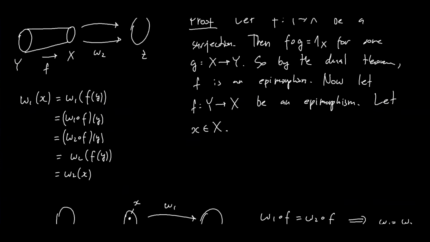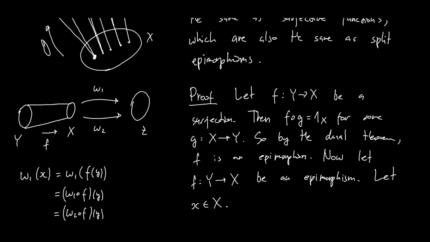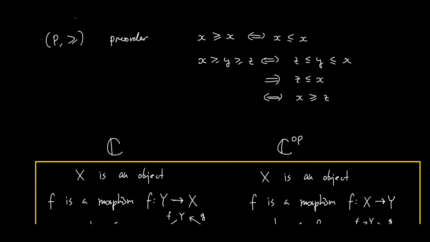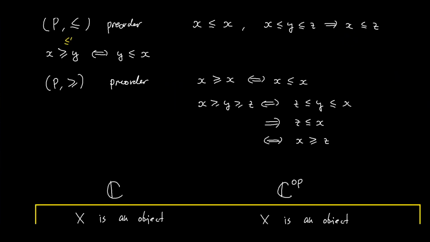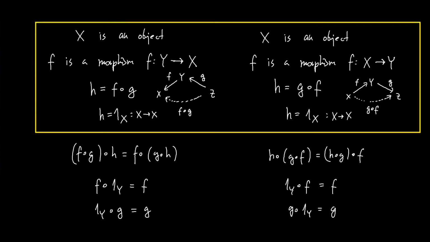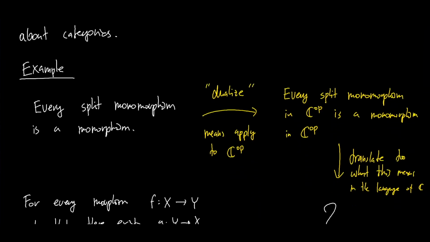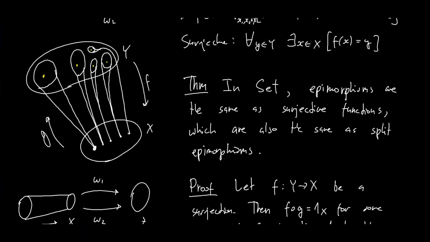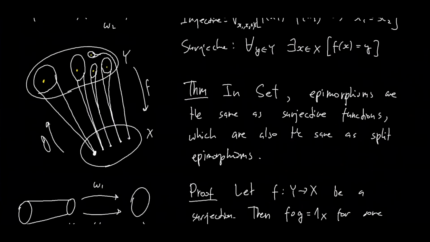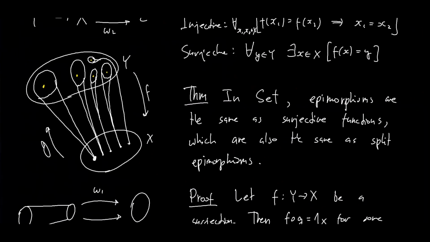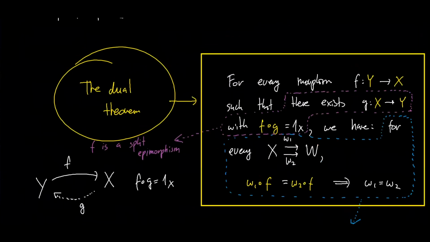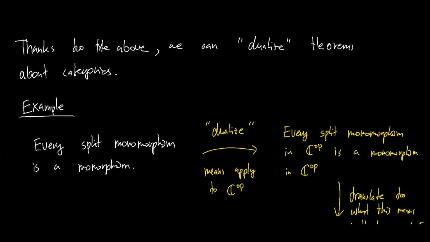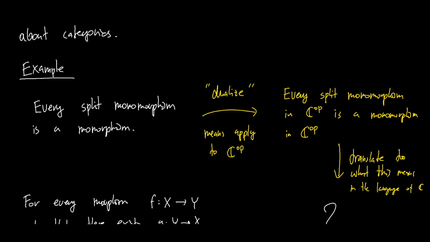In case I'm not able to do that, then let me say that we are discussing here the concept of duality, which we motivated from monoids and preorders, and then defined it for general categories. And now we were in the process of applying duality to prove a theorem that arises from the dual of a theorem we proved in the first lecture, that every split monomorphism is a monomorphism.